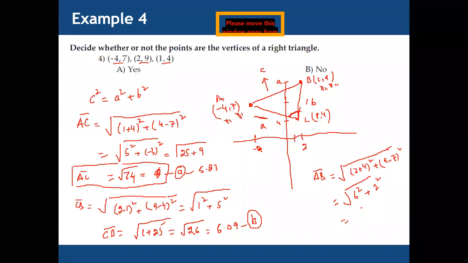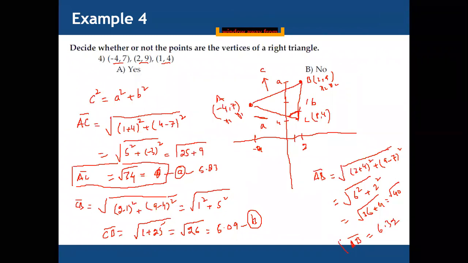So 6 square 36 and 2 square is 4. So equal to 40 under the root. So AB distance, square root of 40, equal to 6.32.